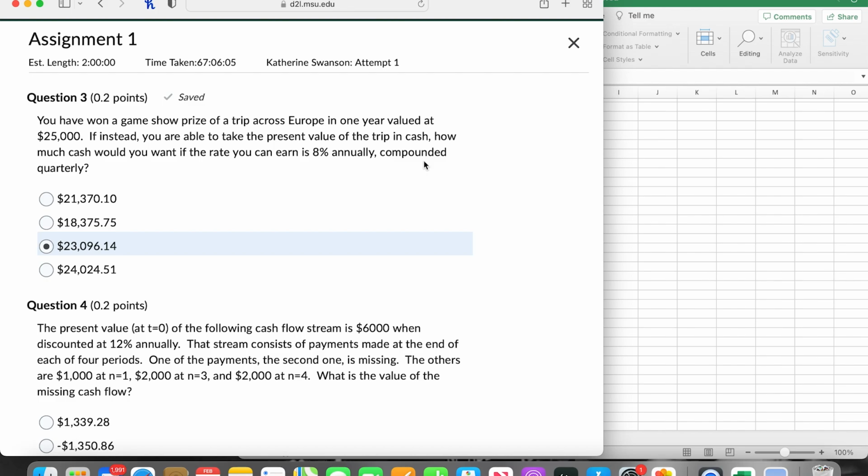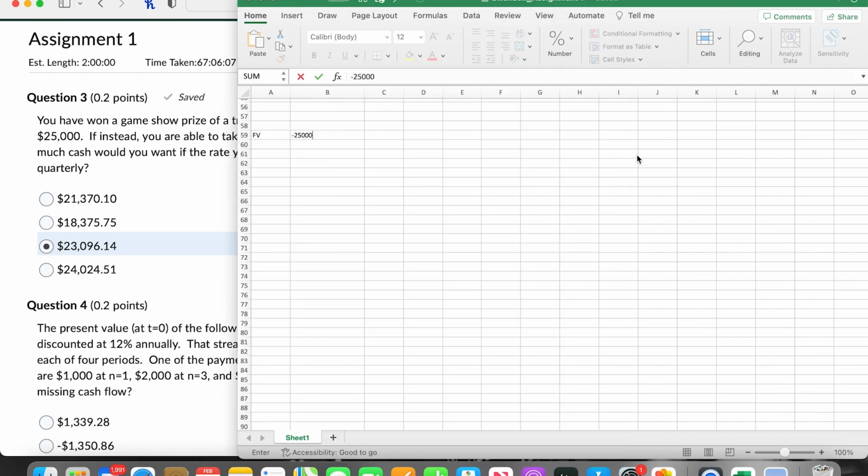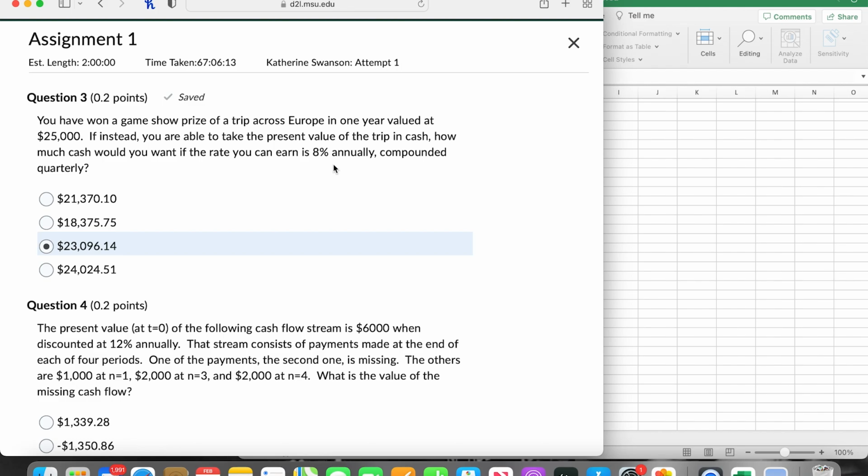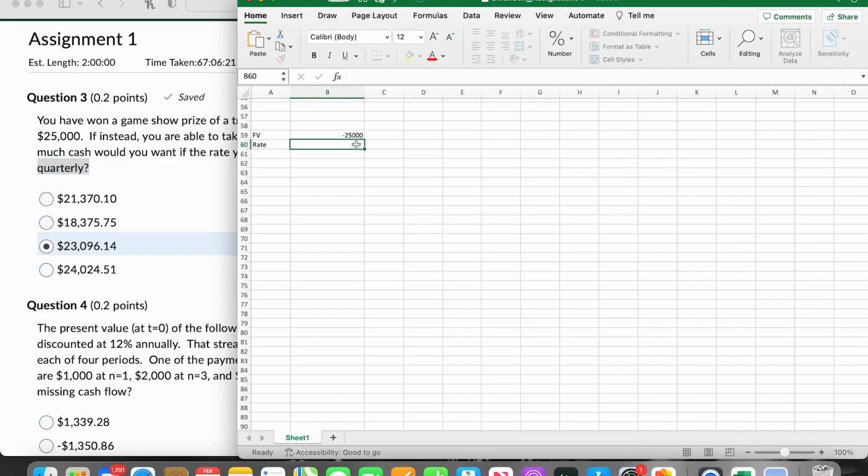as you are investing that. Your rate is going to be that 2% because it's annually but compounded quarterly, so it's 8 divided by 4, which is 2. So rate of 2%. And number of periods, as we said, it's compounded quarterly, so 4 periods.